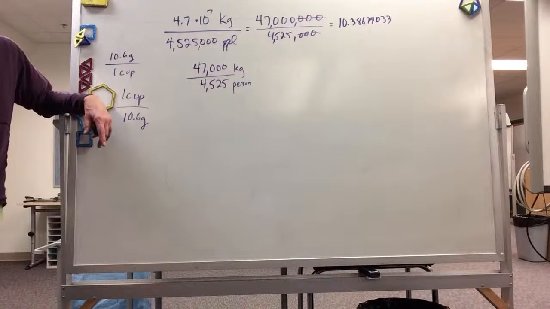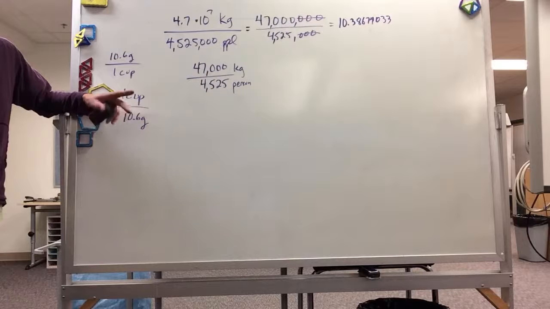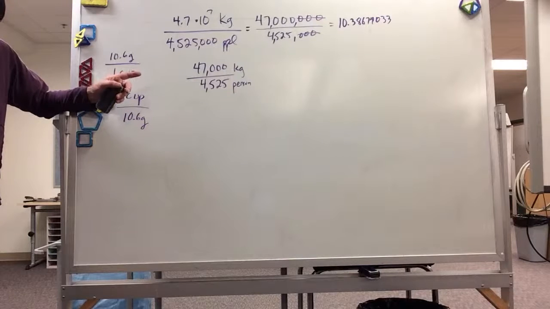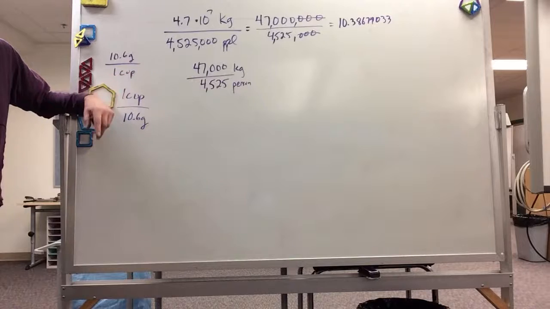What's bigger, a kilogram or a gram? How many times bigger? A thousand, so how many grams will that be? 47 million.